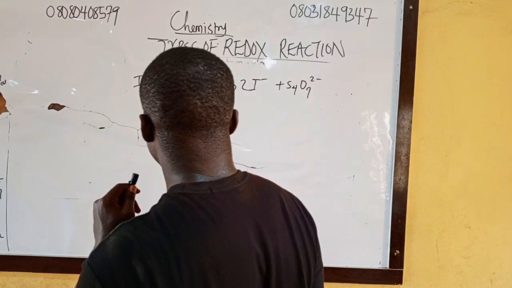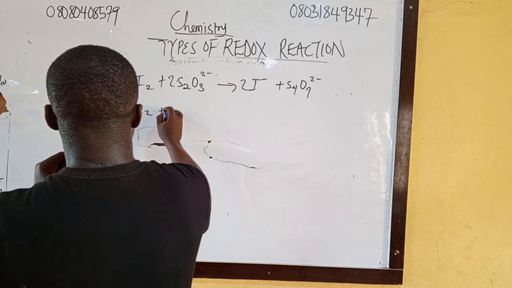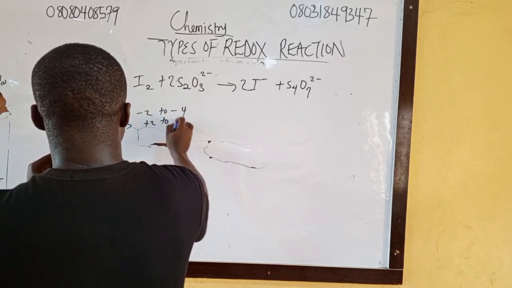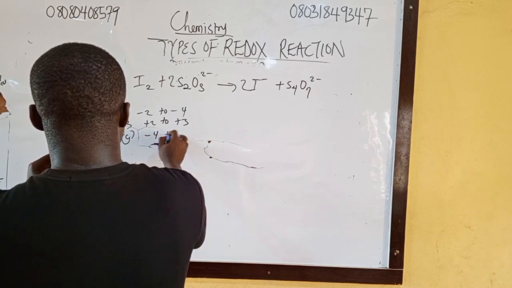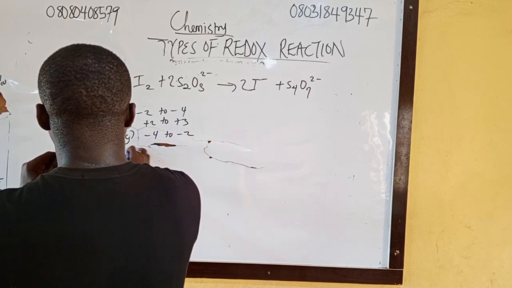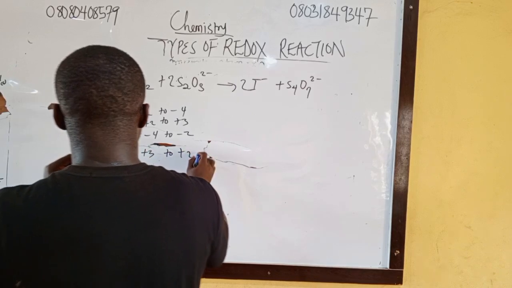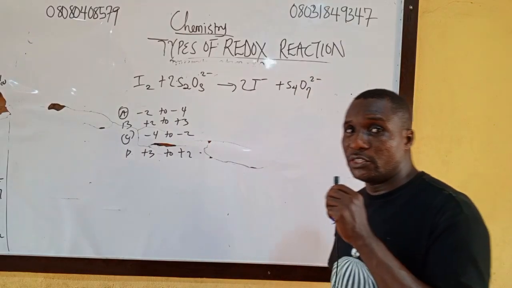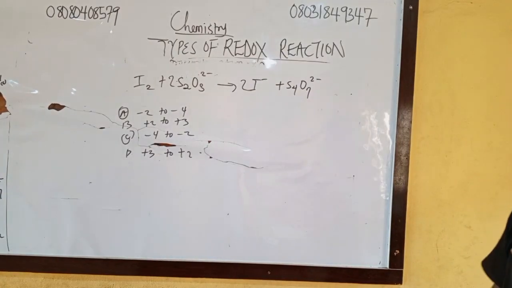Option A: minus 2 to minus 4. Option B: plus 2 to plus 3. Option C: minus 4 to minus 2. Option D: plus 3 to plus 2. What is the change in the oxidation number of sulfur? Sulfur is here, sulfur is here.